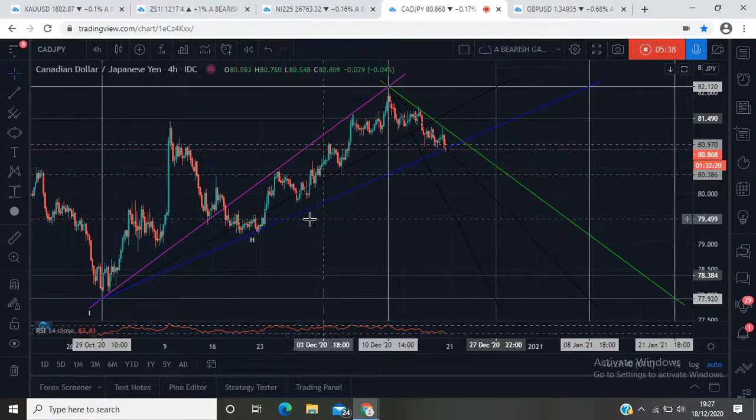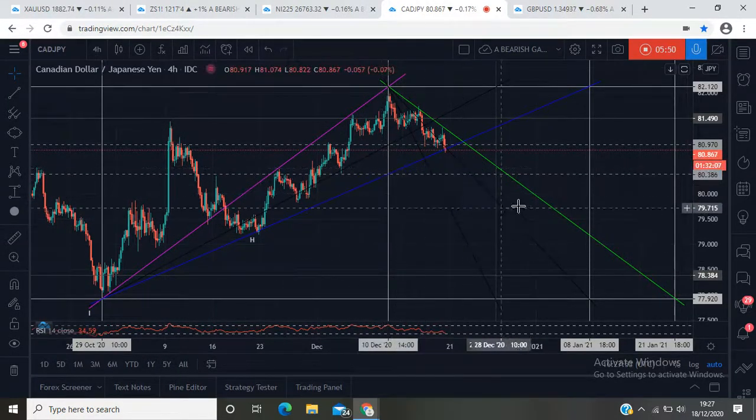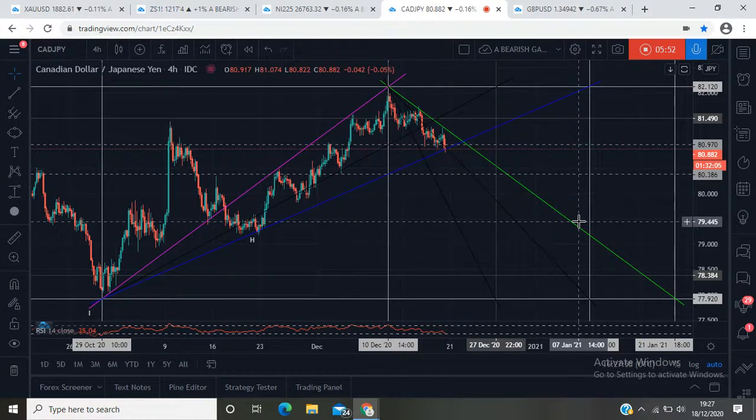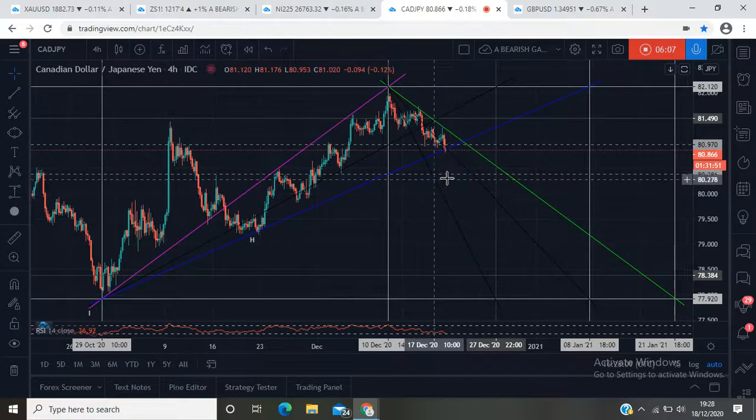So we expect that if this blue line, which is the diagonal of the inverse square, should break, then this level here where this diagonal cuts the side of the square, which is 80.386 zone, we expect that if that line should break, then the next stronger support will be this 80.386 price level.